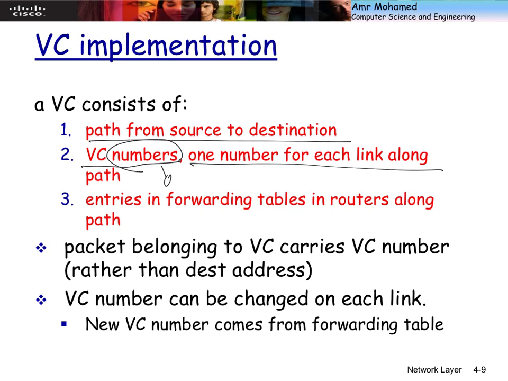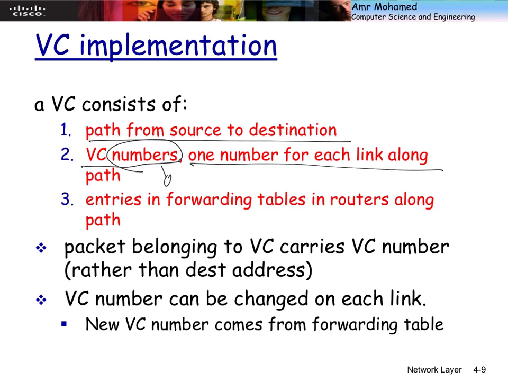Okay, so we mentioned virtual circuit identifier. Now this is broken down into different virtual circuit IDs on each link across the path. So if that's the case, then it's one virtual circuit. Why do we need to assign a virtual circuit identifier or virtual circuit number across each link in the path? So we'll talk about that.